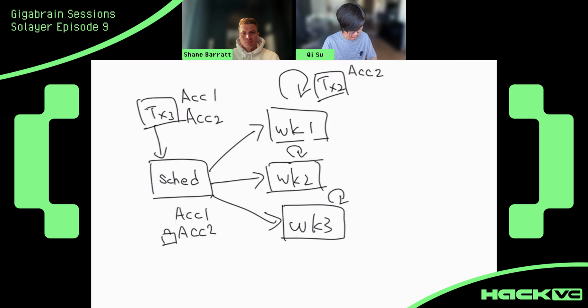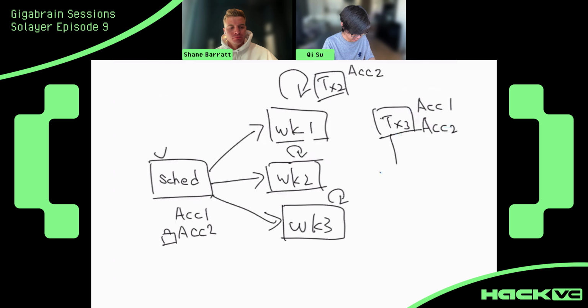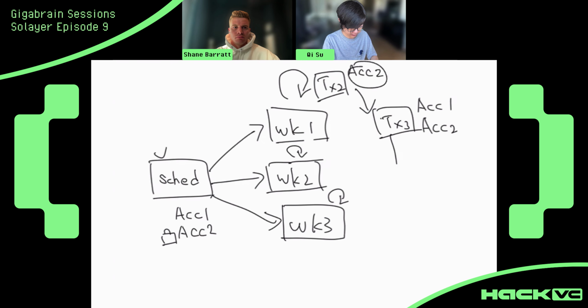So the scheduler will say, okay, since account 1 is free, you can have the lock of this account. And since account 2 is in use, we may put you after transaction 2, because this would not mess up with account sequence again. It's like how we did in the very simple form of EVM. This is sequential. Even though they both accessed account 2, it doesn't matter because it's safe to do so.